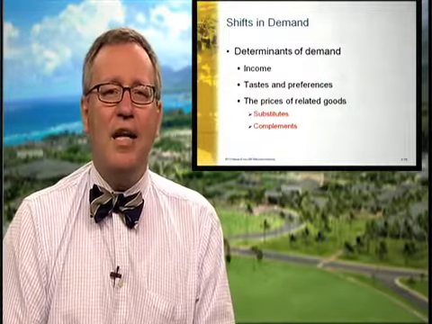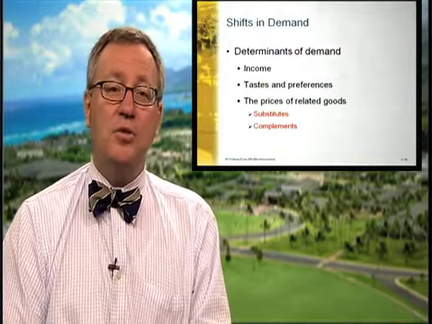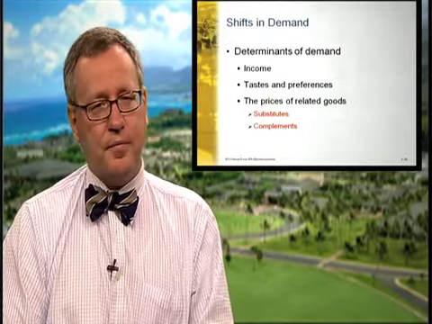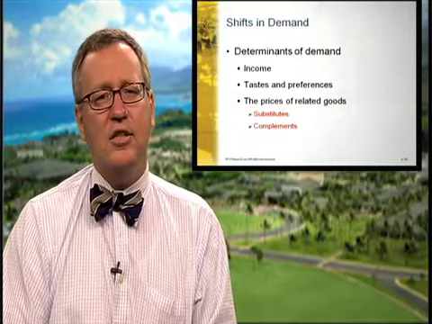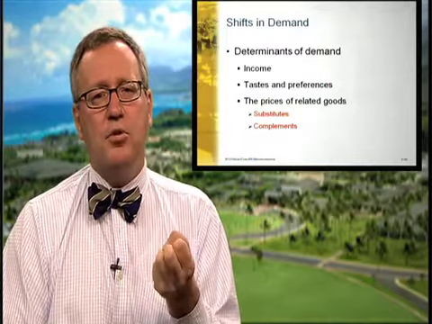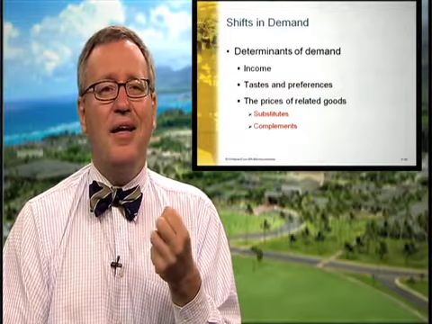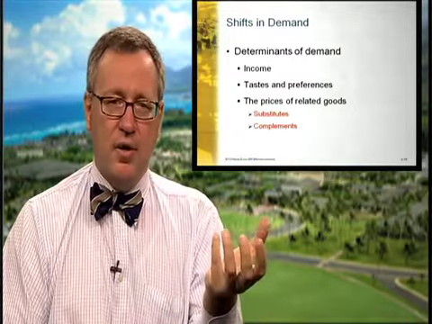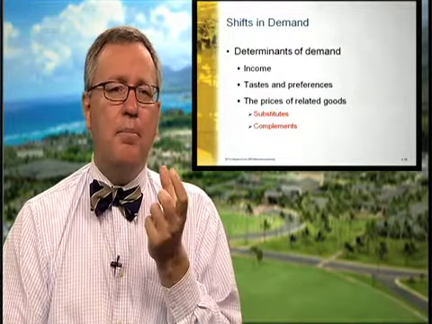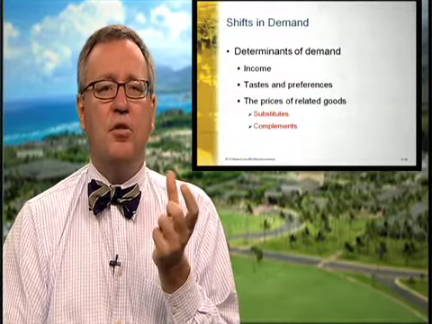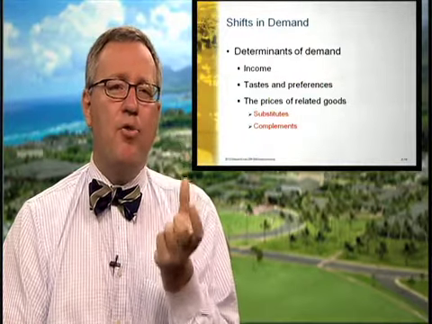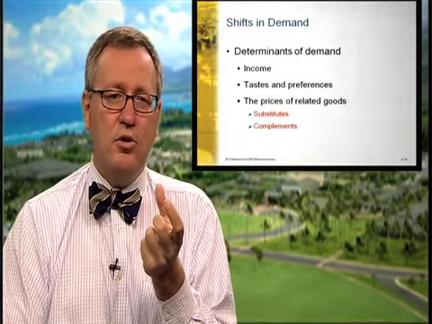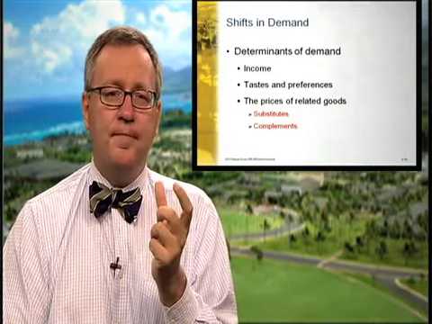The price of related goods, substitutes, complements. We'll talk about this in more detail in just a second, but a substitute is something that you buy as opposed to something else. So margarine and butter would be substitutes, because you don't buy both margarine and butter to put on your toast. You'll buy one or the other.